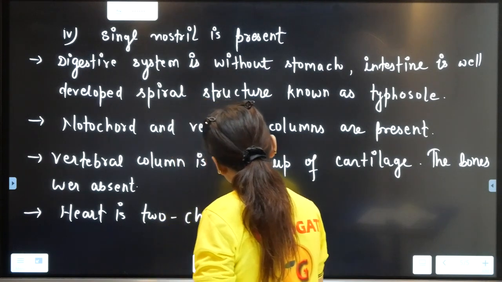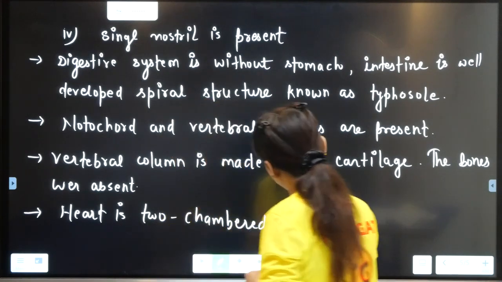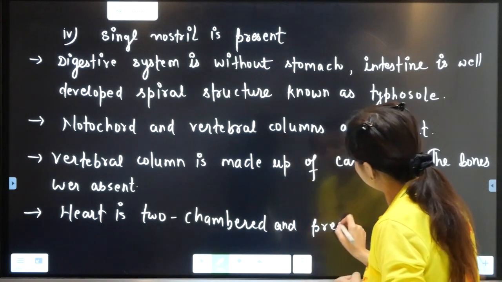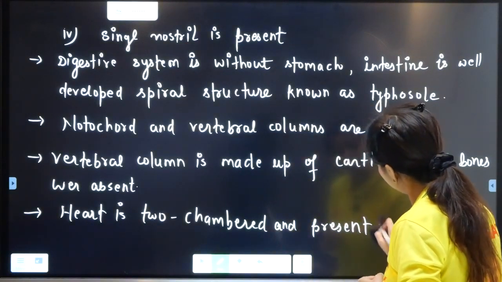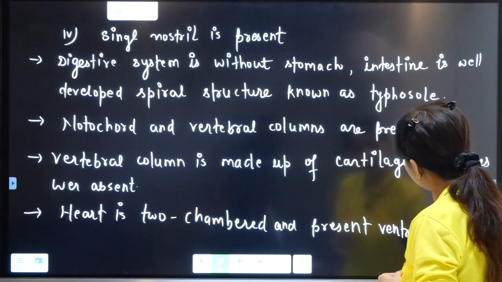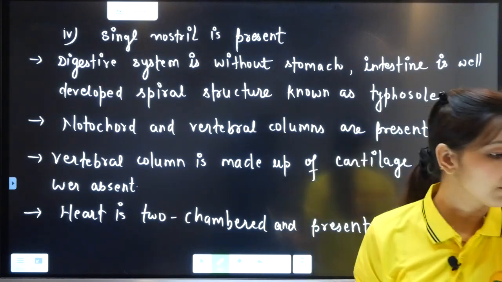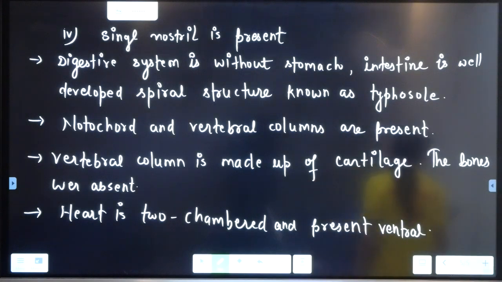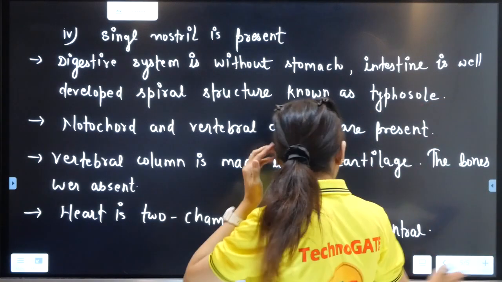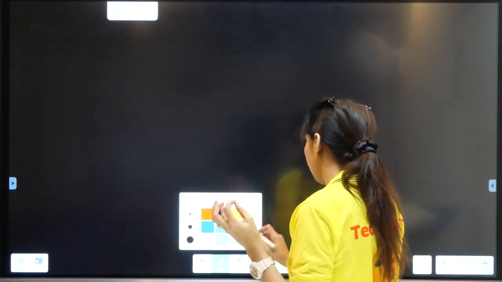Heart is two-chambered and present ventrally. What is our ventral side? Where is our heart located? Is it ventral or dorsal? Answer me everyone. Is it ventral or dorsal? Ventral, okay. Now write down the next point. It is about your fins, so note it down quickly.